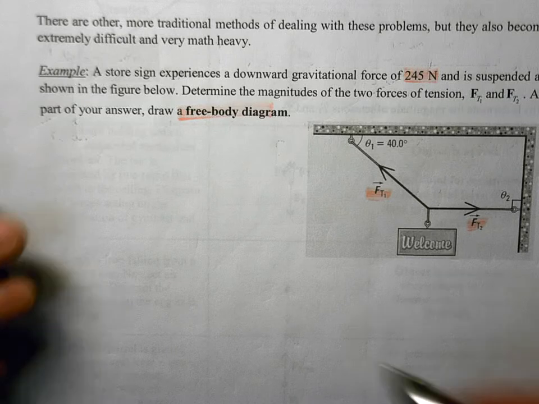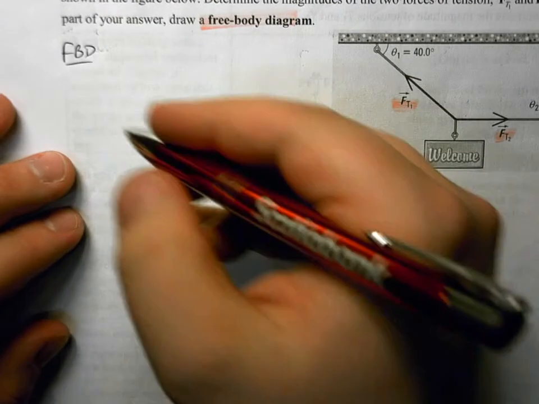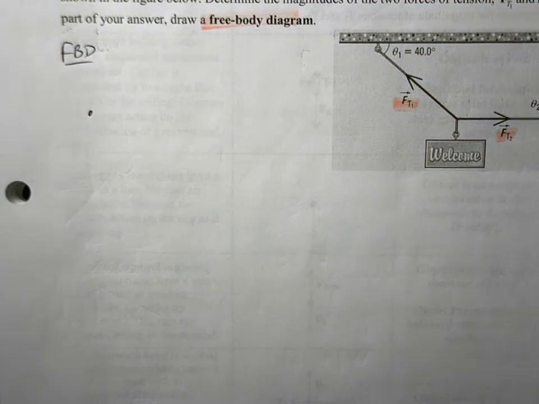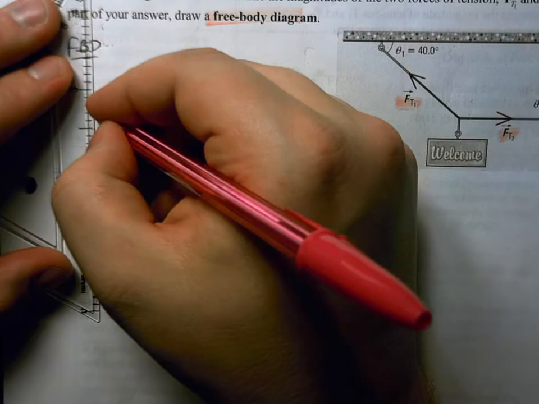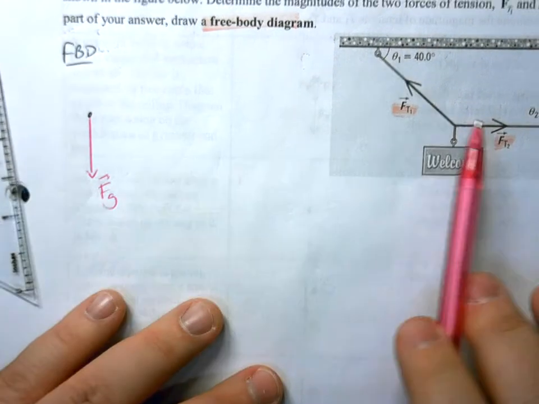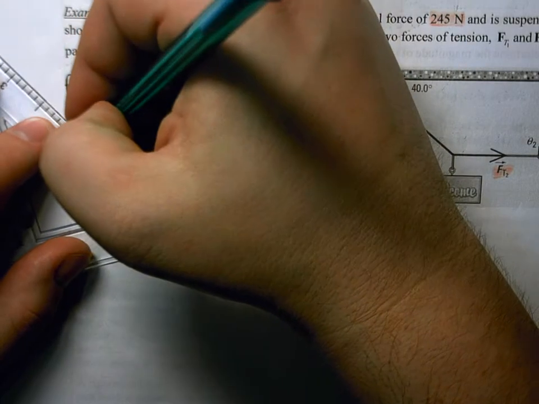It shouldn't have to tell you that, because you should always be drawing free body diagrams to begin with. So what do we have going on here? Well, we certainly have a force of gravity. That hasn't changed any. So Fg is still going down. So I have that force of tension 1 kind of working its way away here.